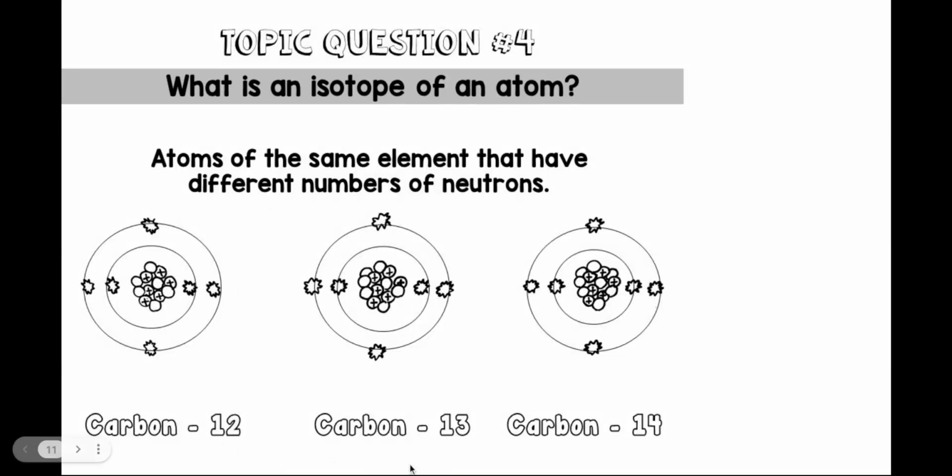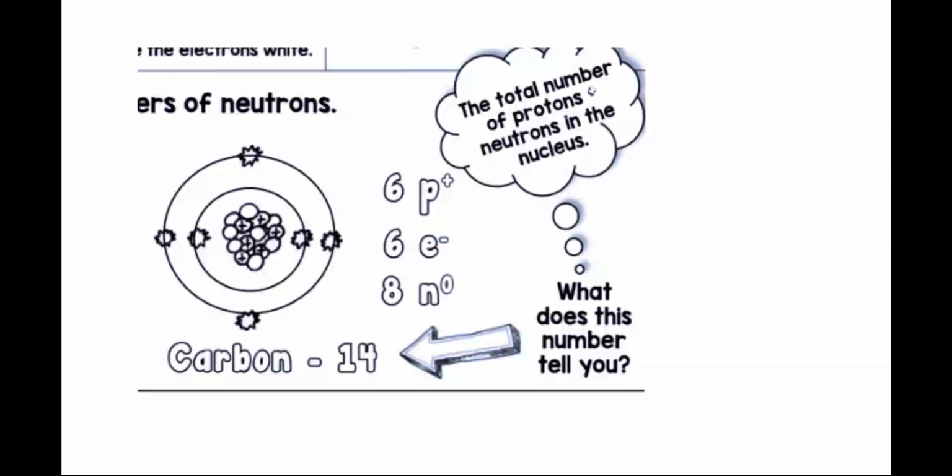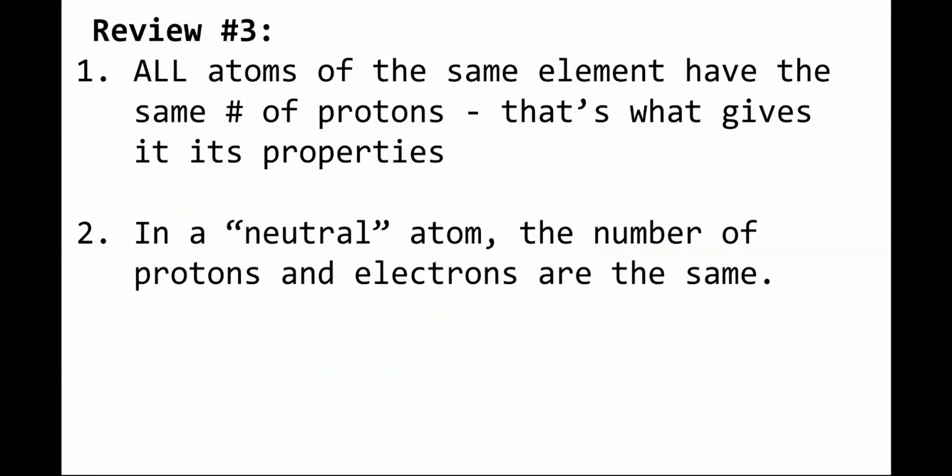You may have heard about carbon-14 dating, a way to tell how old something is. Carbon-14 is an isotope of carbon-12. Again, that number tells us how many neutrons there are, and that number can vary.